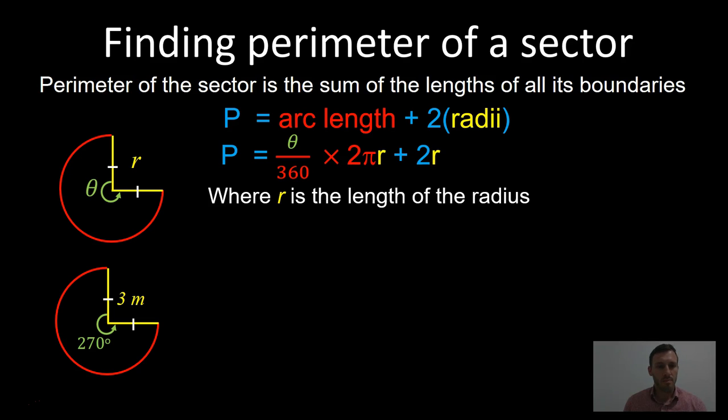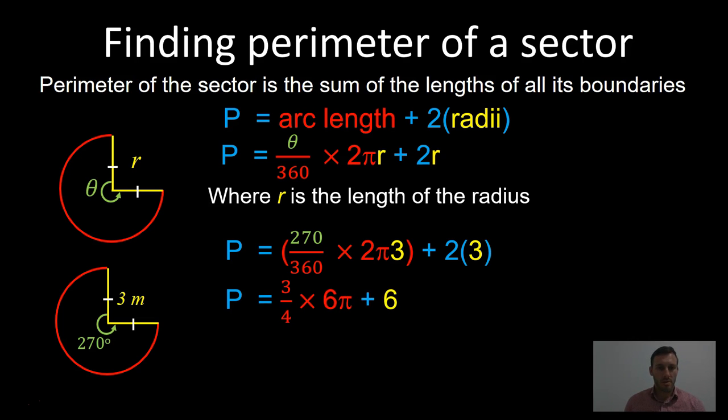Here we have an example of a sector where the radius is 3 meters and the angle is 270 degrees. We rewrite our formula with our known values, and we can solve parts of that formula. 270 on 360 is equal to 3/4. We've got 3/4 of a circle there. We get 3/4 times 6 pi plus 6.